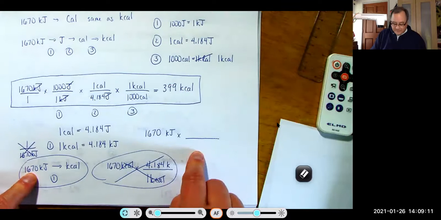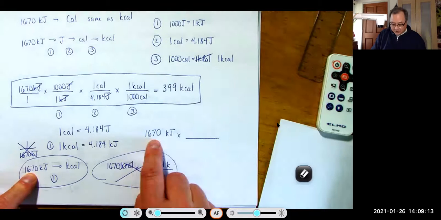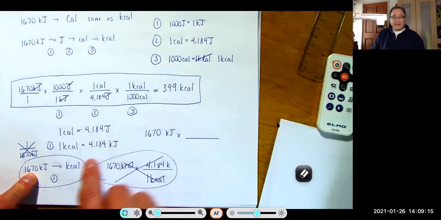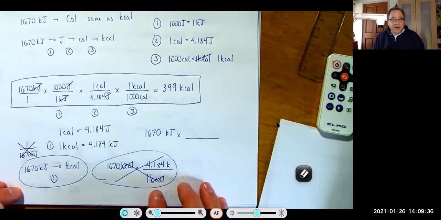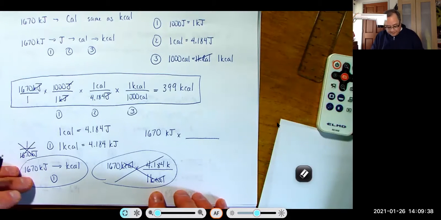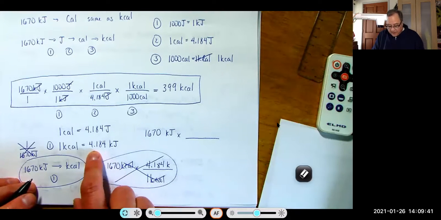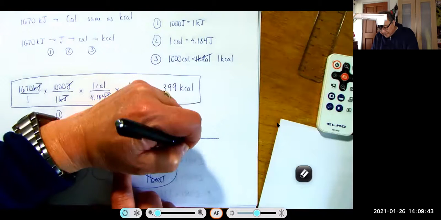So we're starting over, 1,670 kilojoules times, and there's our conversion. So give me a little thumbs up or a check if you're done. Okay, we've got a couple of responses, so I'm going to go ahead and move forward. So I'm going to put 4.184 kilojoules on the bottom.